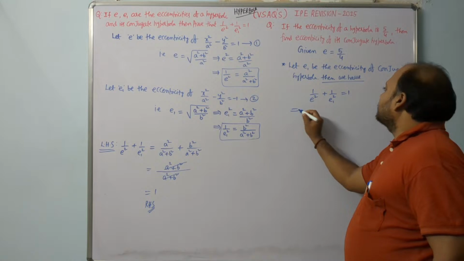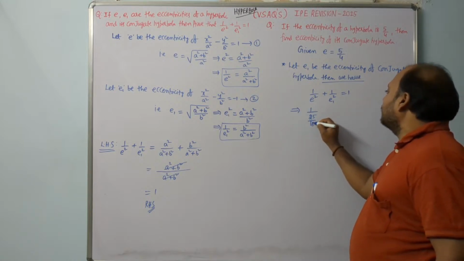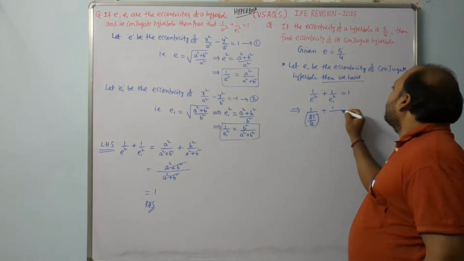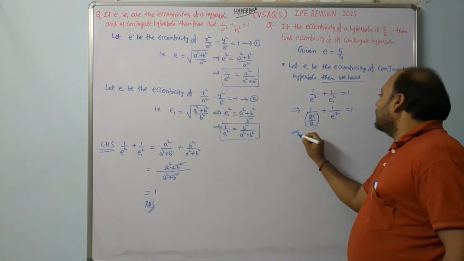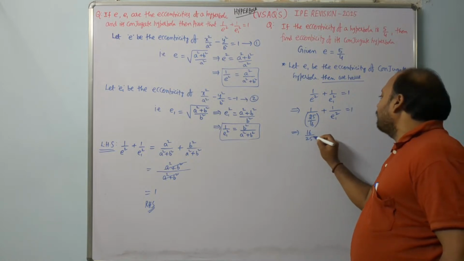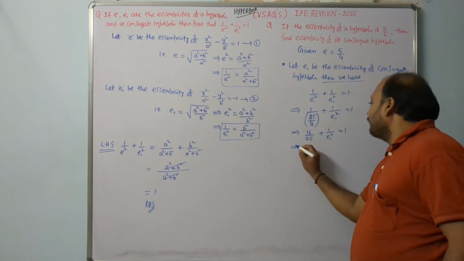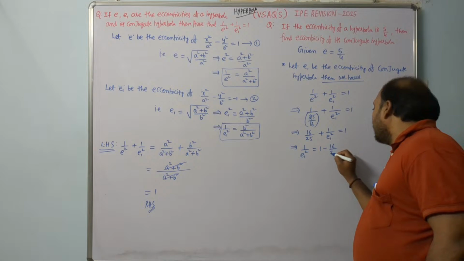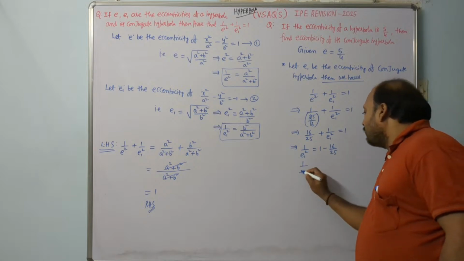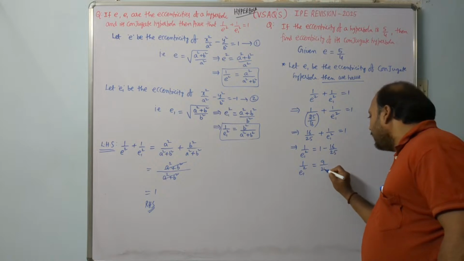So that implies that 1 by e square means 25 by 16 plus 1 by E1 square equal to 1. That implies that 16 divided by 25 plus 1 by E1 square equal to 1. So 1 by E1 square equal to 1 minus 16 by 25, so 25 minus 16 is 9, 9 by 25.